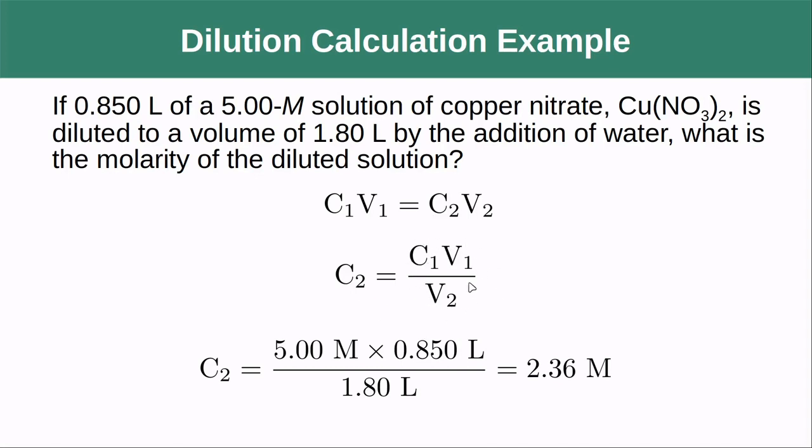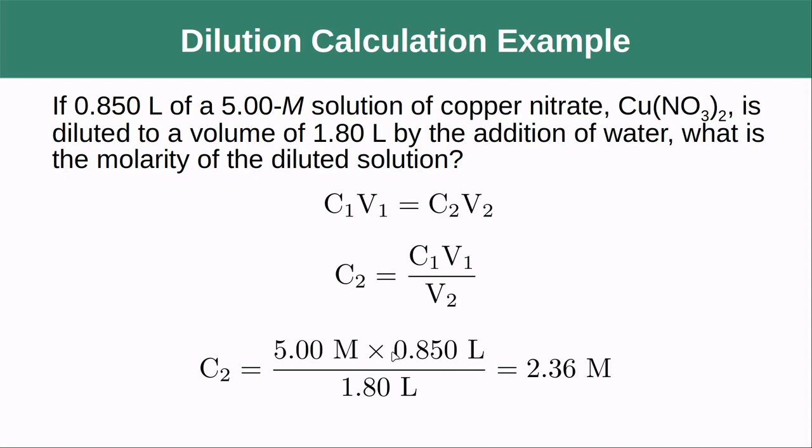I think this is one of the best places to really check yourself when you're plugging into this equation. Because if you think about it, you're diluting this solution, meaning that your concentration should be going down. So you had a choice. I could have put 1.8 liters up here and 0.85 liters down here, or the other way around.